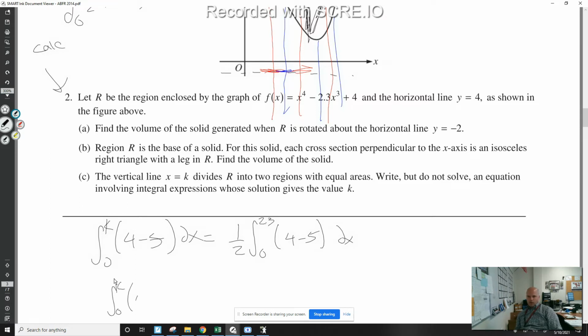What else could you have done? 4 minus f dx, you should probably write f dx. You said the integral from 0 to k equals the integral from k to 2.3.